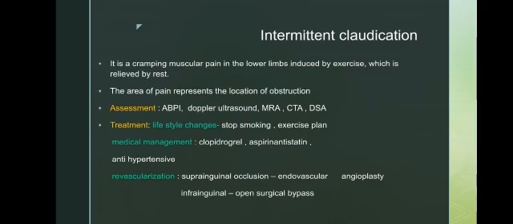We perform ankle brachial pressure index, in which the systolic blood pressure is measured at the ankle level and brachial level. Doppler ultrasound, MRI of arteries, CTA, and digital subtraction angiography is done to evaluate the level of obstruction and the extent of obstruction.